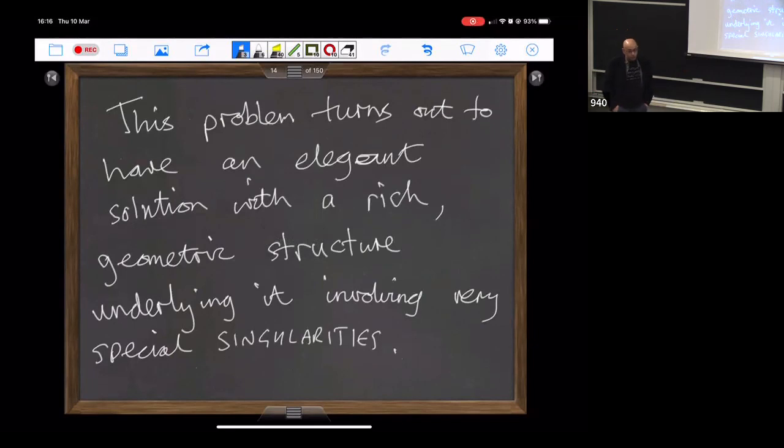The solution of this problem, which hopefully I'll be able to convince you of, is elegant in my mind and involves some quite rich structures, in particular a rich geometric structure that involves very special kinds of singularities. These are going to be singularities in 11-dimensional space, but not just random. You'll see that they are very, very special.